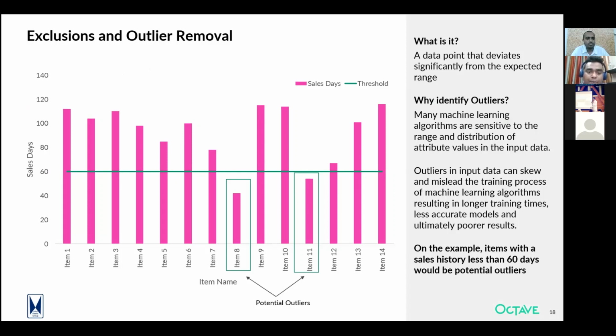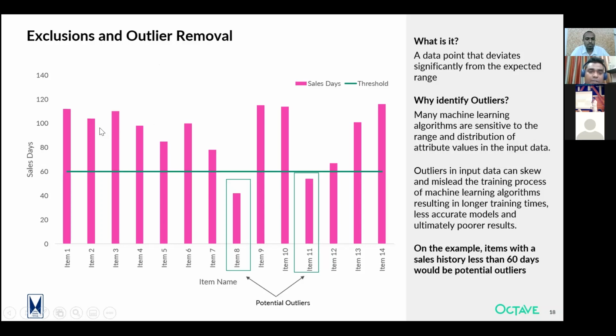So now you are ready to build the model, right? But before you build the model, you have to look for outliers in your data. For example, if you take the Kaggle data, we have shared data for around 200 items, but not all the items will have enough sales data, right?